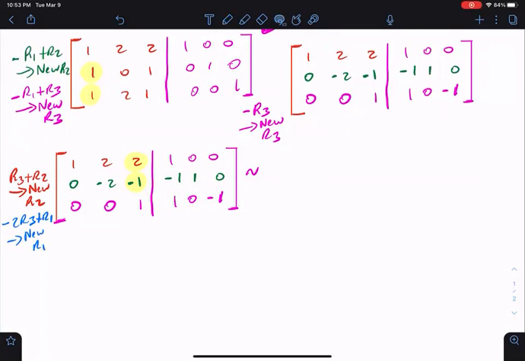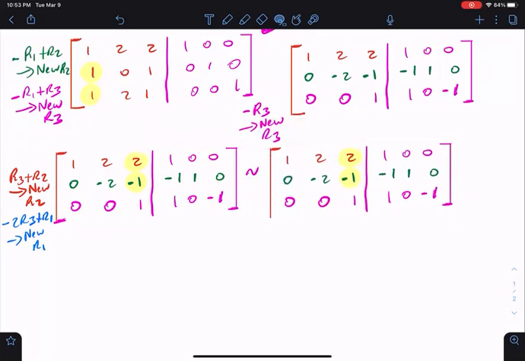Okay, so if we do that, we can get rid of what? Let's start with row 2. Row 3 plus row 2 gives you 0.